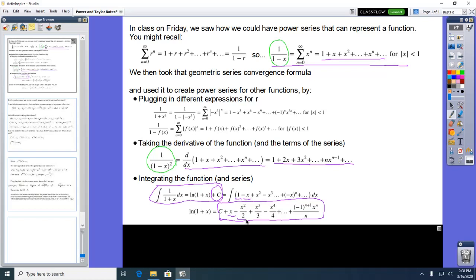You can even do the power rule on the nth degree term. If you do that, you're going to get negative x to the n plus 1 over n plus 1. The x to the n plus 1 over n plus 1 doesn't really matter. If you make it x to the n over n, it still works. It's just a different n, calibrated a little differently.